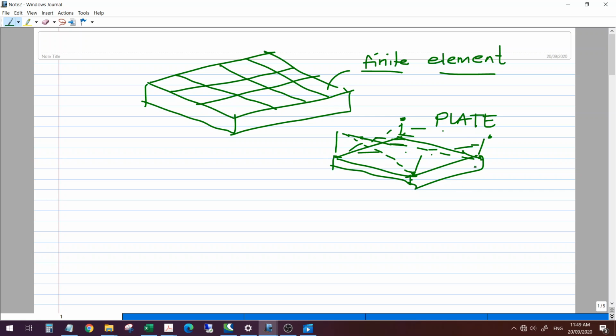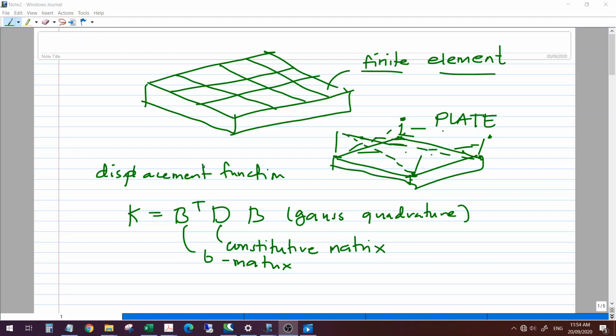And once you have the displacement function, ayan. So once you get the displacement function, you will now be able to get the B matrix.